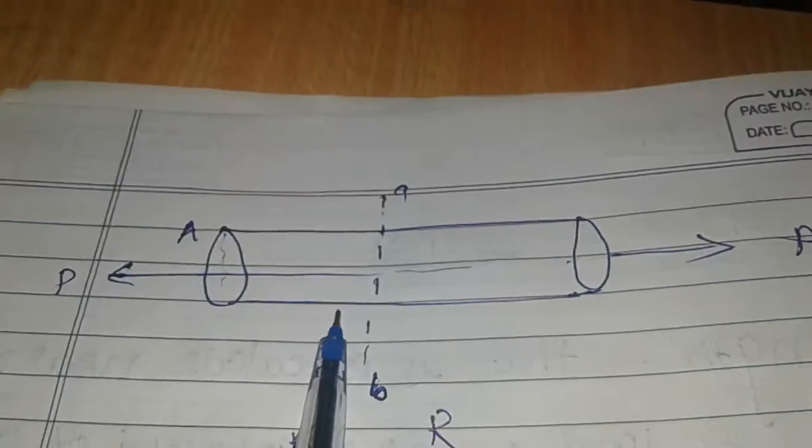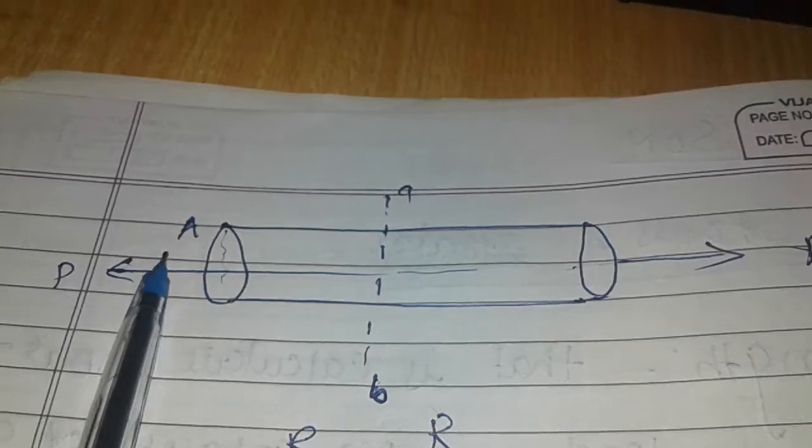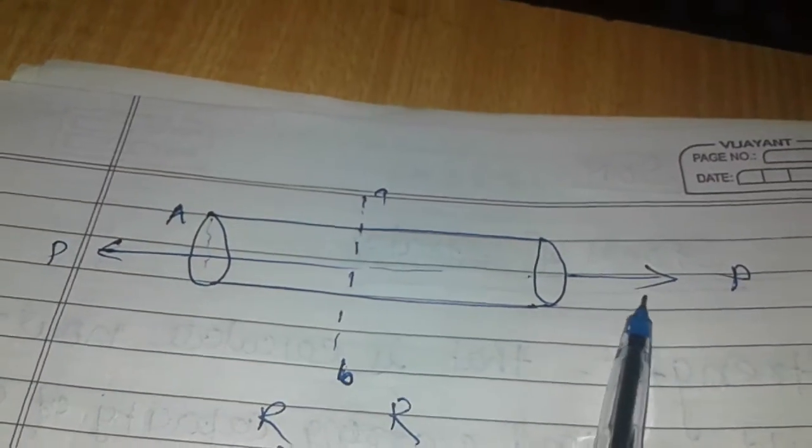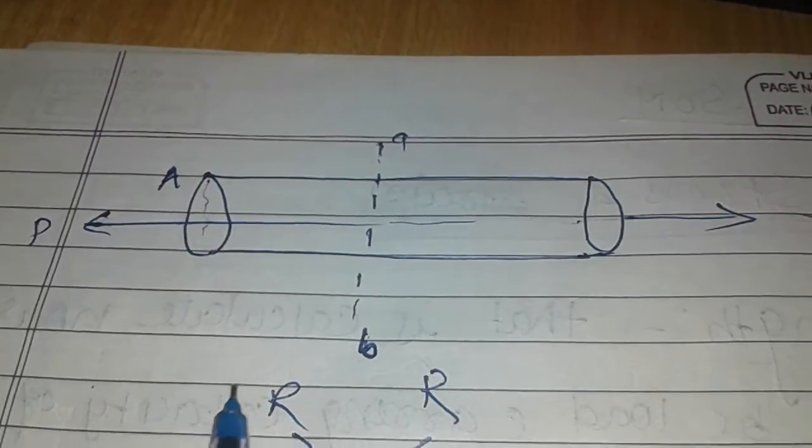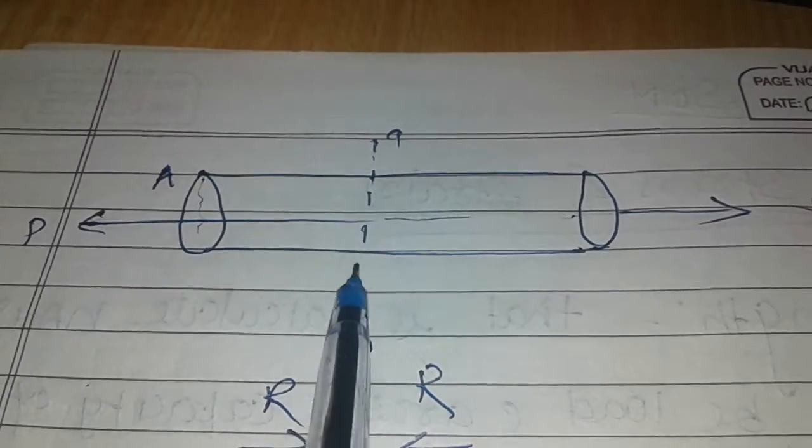Suppose a rod has cross-sectional area A, and an axial load P is applied on this straight member.